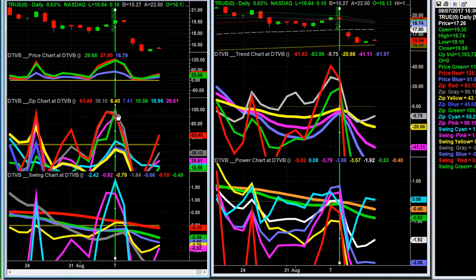Remember, if you don't, let me explain it, that when we're dealing with pink-green tops, this is zip green at 100 and zip pink just under it and climbing up. That constitutes the conditions with which the pink-green top can go down. It needs to have zip pink right next to zip green. And that's true in probably about 90 to 95% of the cases.